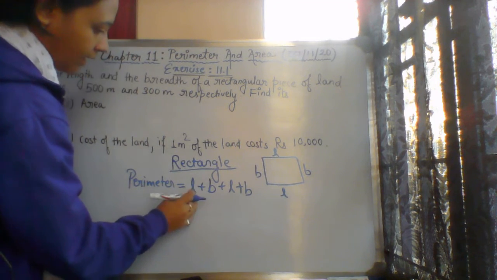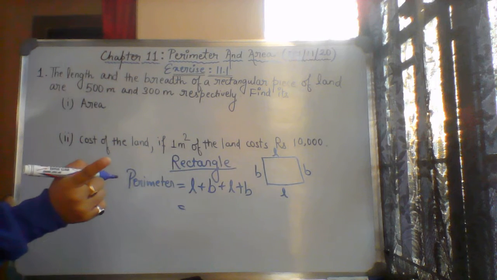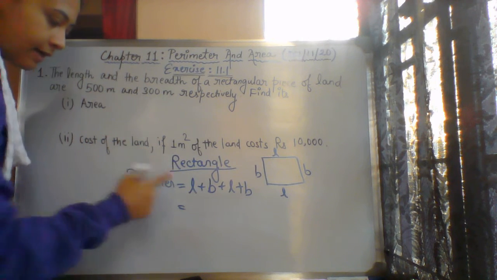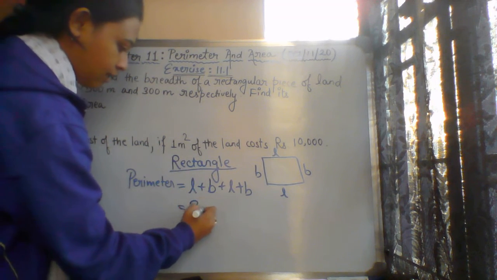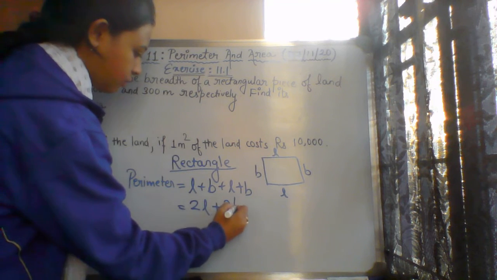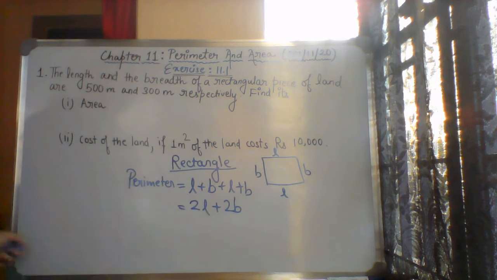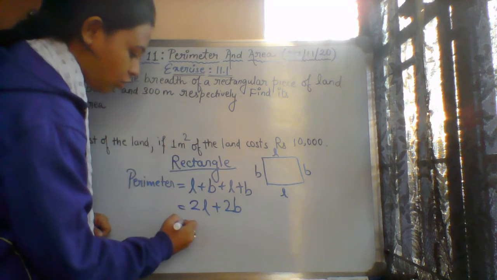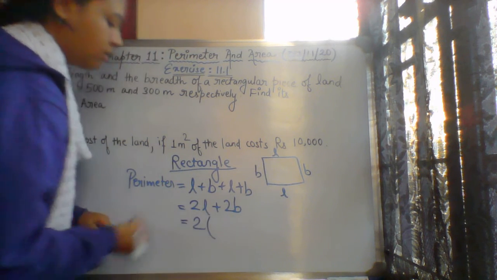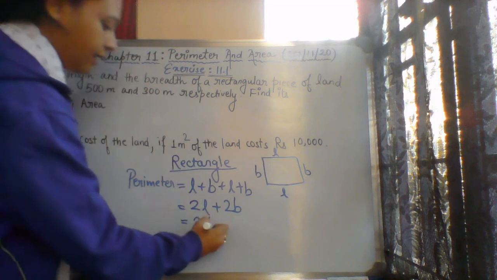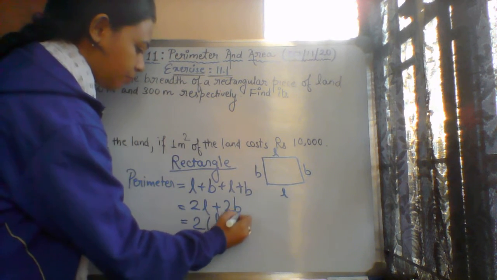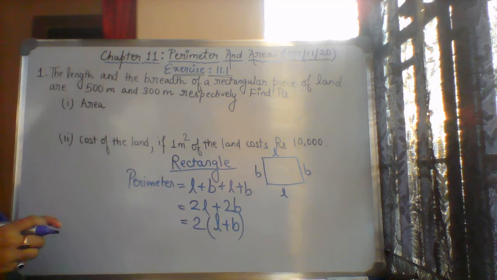L plus L, is it L square or 2L? It is twice of L, so 2L plus 2B. Both the terms have 2, so you can take that common. So 2 multiplied by L plus B, length plus breadth.